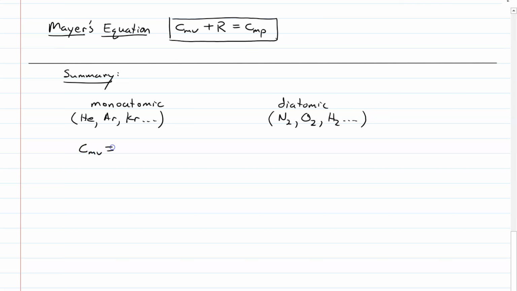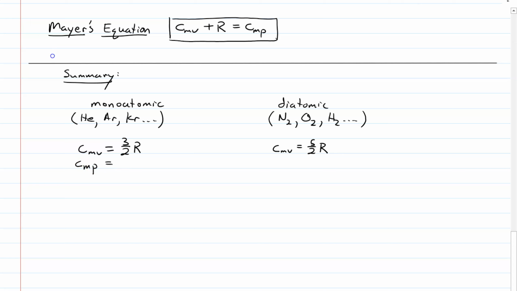CmV is 3/2 R for this. You can measure it experimentally. I haven't derived it for you, but I've claimed that if you add a known amount of heat to a gas and you measure its temperature change, you can measure its specific heat. For a monoatomic gas, it's 3/2 R. For a diatomic gas, it's 5/2 R. And what is CmP?